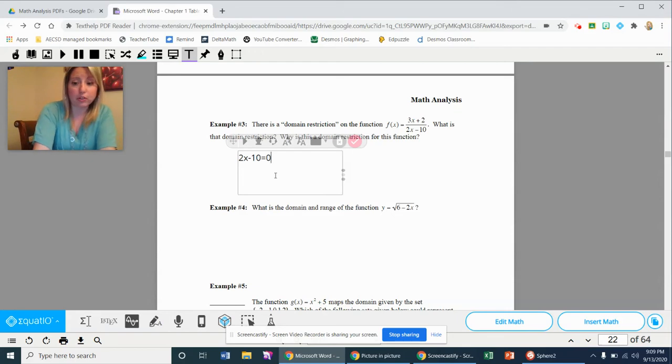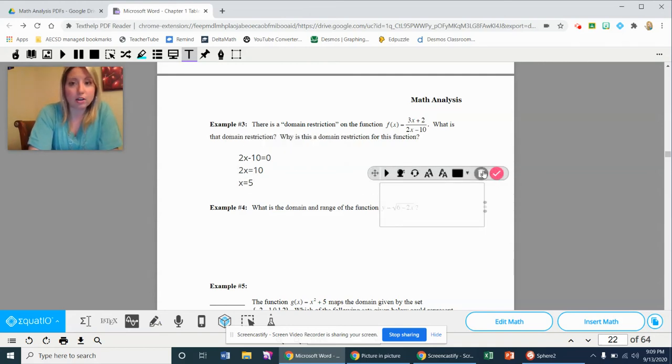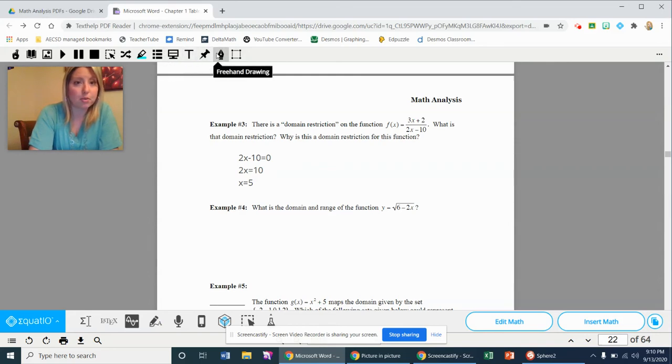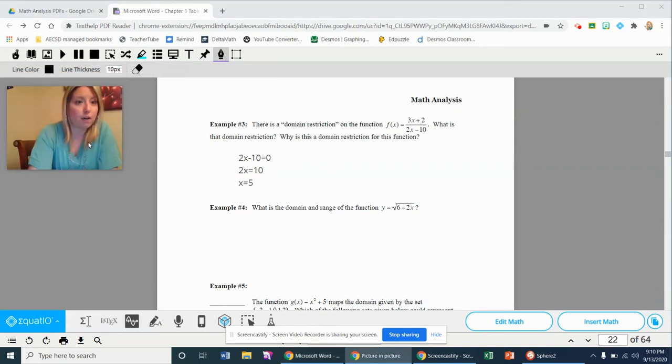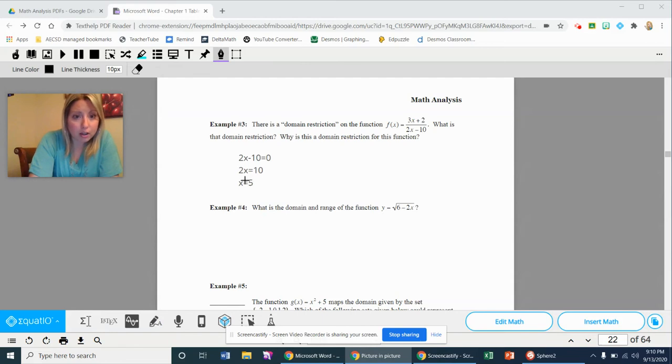You add 10 to both sides, so you get 2x equals 10, and then you divide both sides by 2, and you get x equals 5. What you're saying by having done that is that x cannot be equal to 5. That's the domain restriction: x is not equal to 5. And why is this a domain restriction? Because a denominator of a function can't be equal to 0.